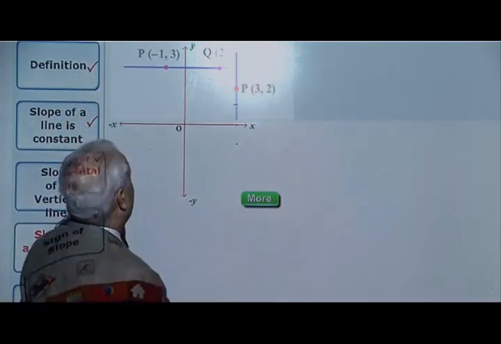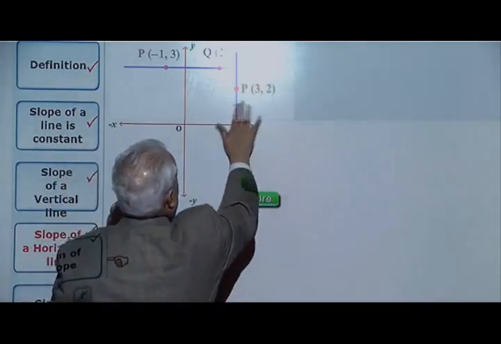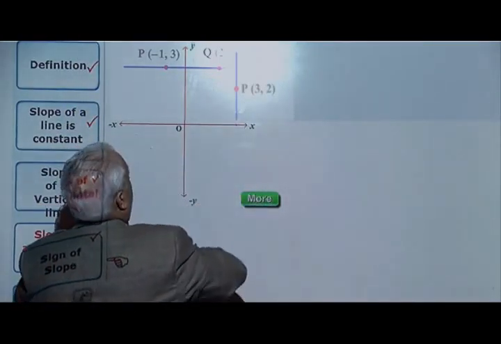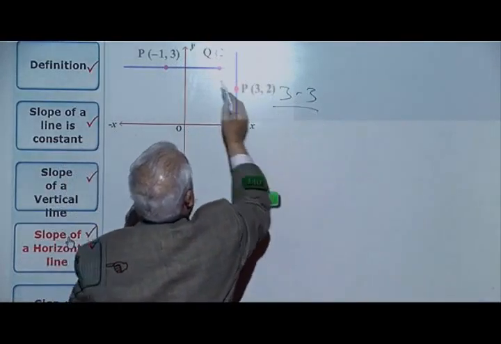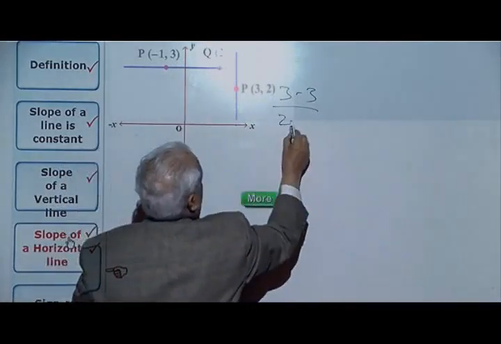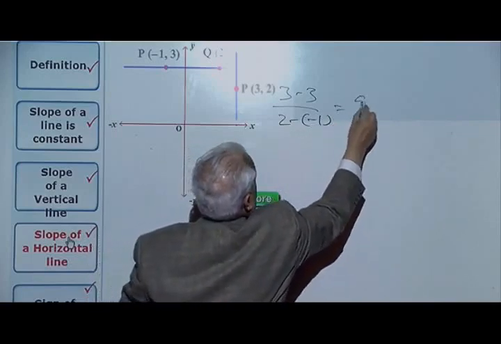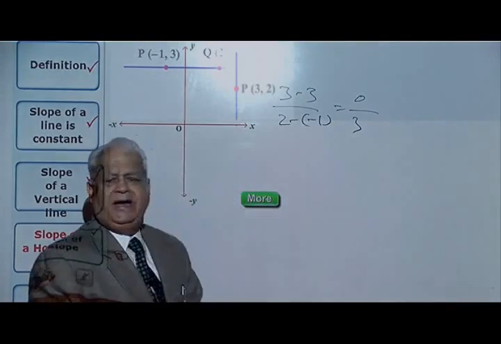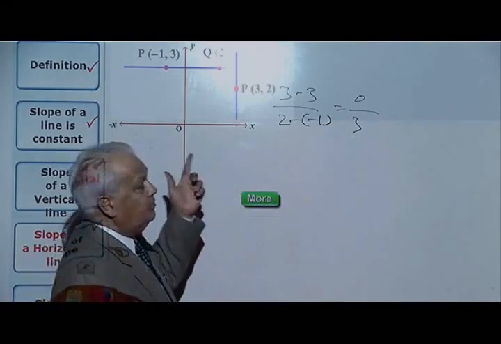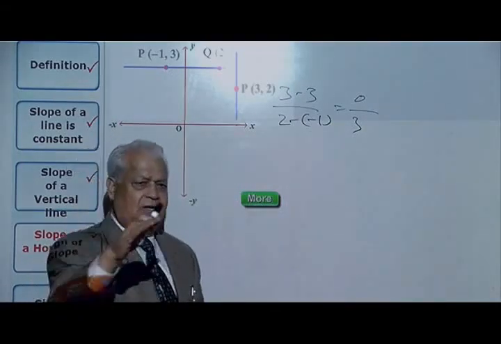So how do you define that? Difference of y coordinates, 3 minus 3, divided by difference of x coordinates, 2 minus of minus 1, which is 0 divided by 2 plus 1, 3. And 0 divided by any number is 0. Slope is 0. Slope of a horizontal line is 0.